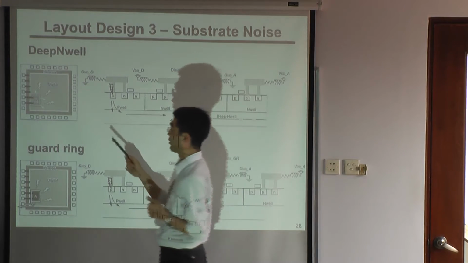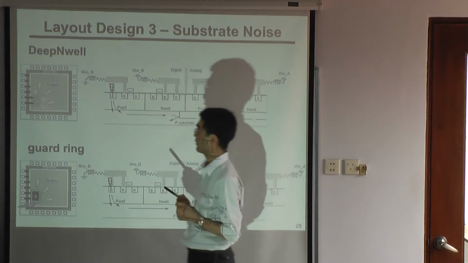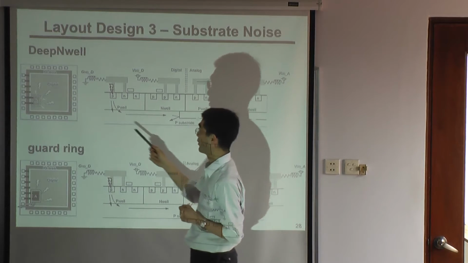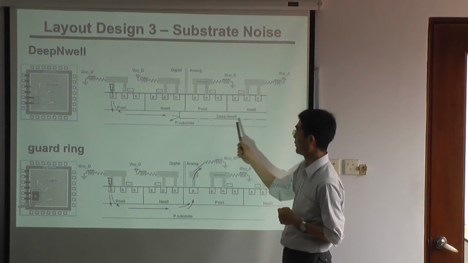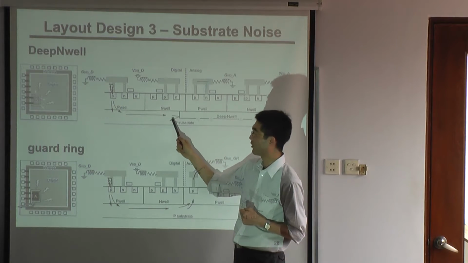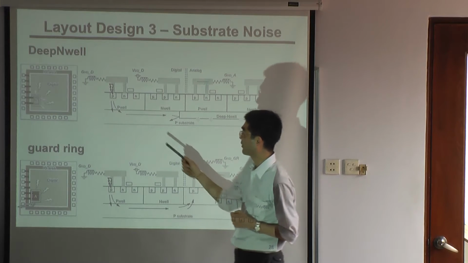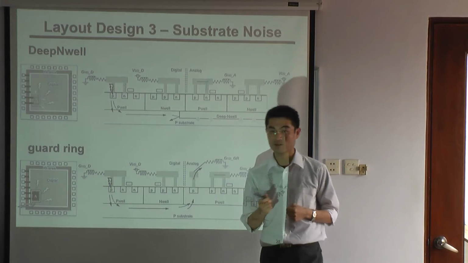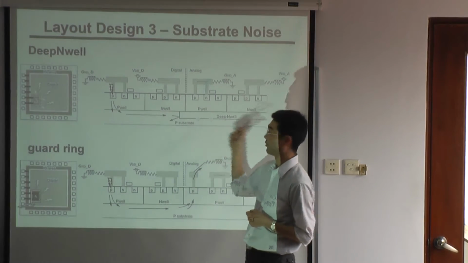Substrate noise is noise attacking from digital to analog. One way to prevent substrate noise is using a deep N-well. For a deep N-well we have a capacitance here, so that the signal has a hard time getting into the P-substrate. But a high-speed signal can get into that.